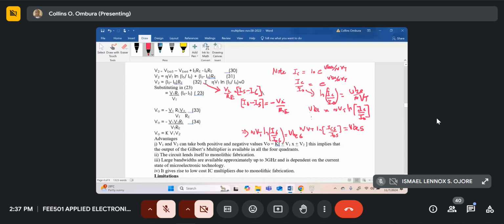Now, equation 31 can be simplified because remember these currents I5 and I6 are the currents that are passing through the differential amplifier. And I told you that the difference between the two currents of your differential amplifier from your third year electronics is very little.